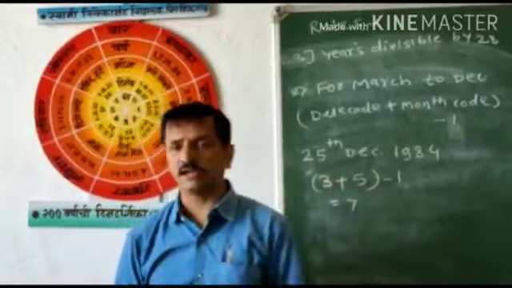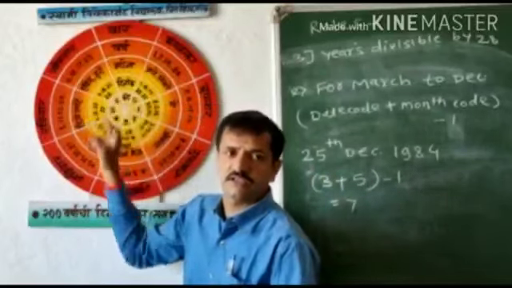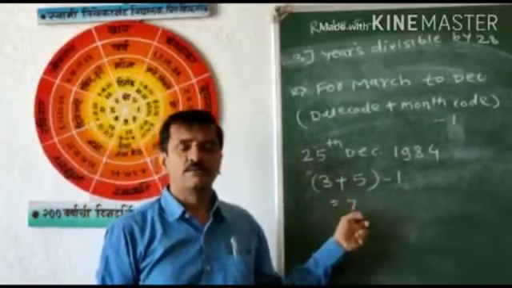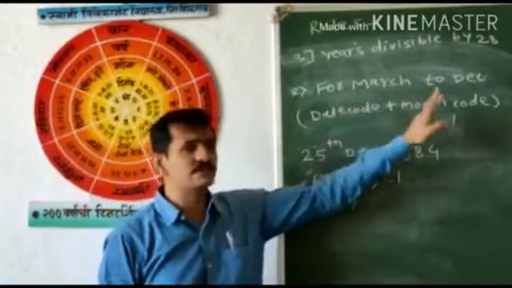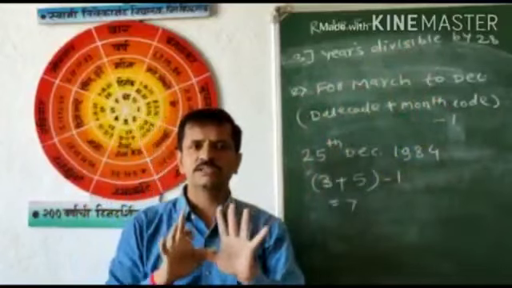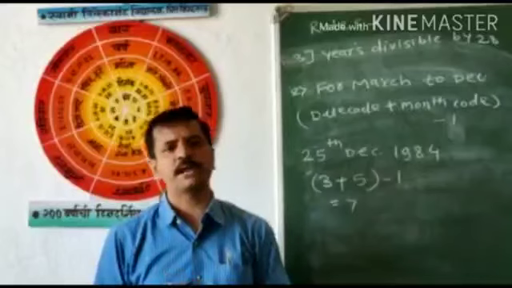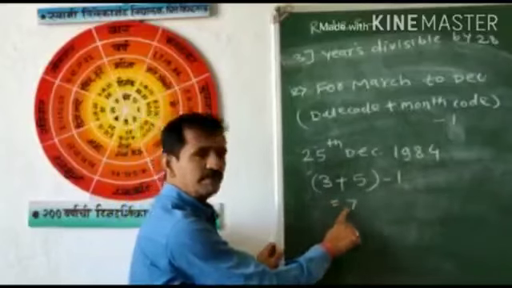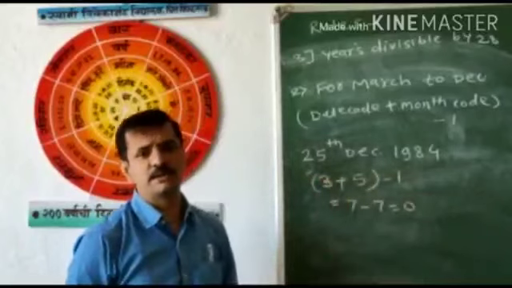But in our calendar the maximum code number is 6. When the sum of date code, month code and year code is 7 or more than 7, at that time you have to subtract 7. So 7 minus 7 is equal to 0. Why do we subtract 7?